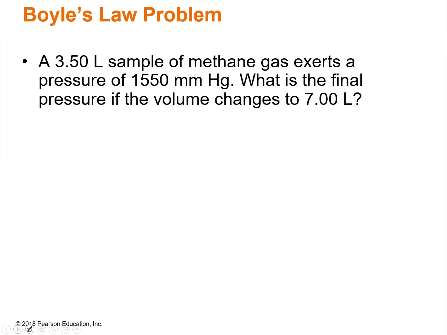Okay. So let's do an example. Just like in chapter 9, where you had to identify the type of problem first, it's the same thing with the gas law problems. You're not going to get a title that says Boyle's law problem, and you say, oh, well, I guess I should use Boyle's law. That's not how it works. So you need to be able to read the problem, pick out each piece of information, which is each number, and identify it.